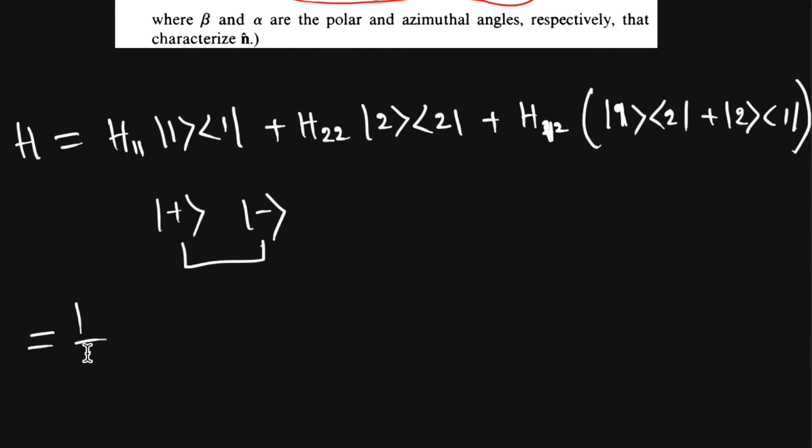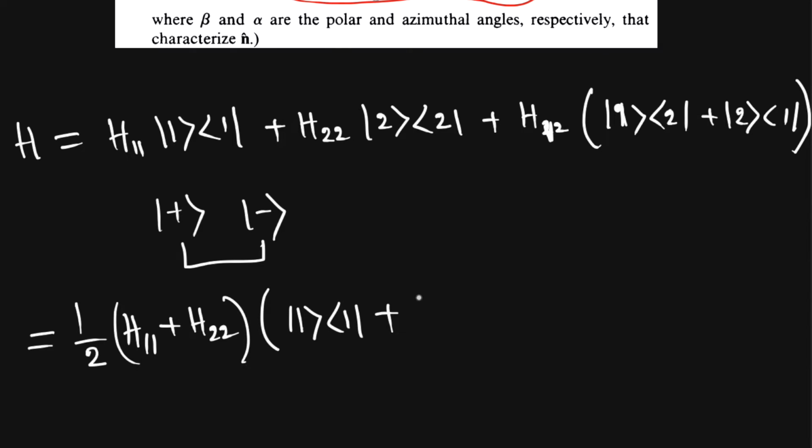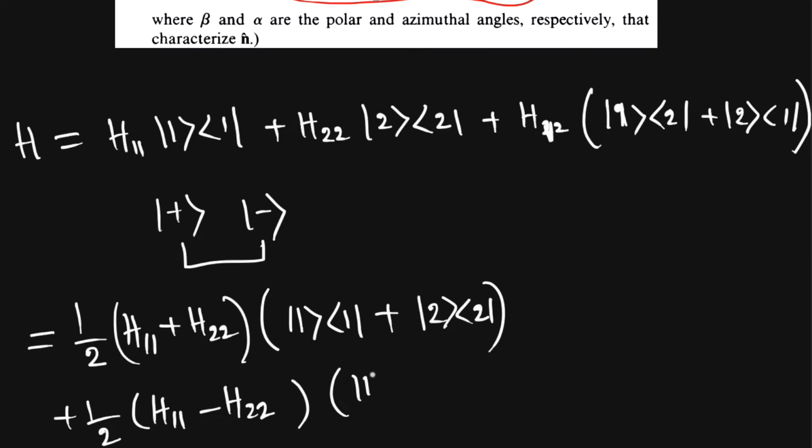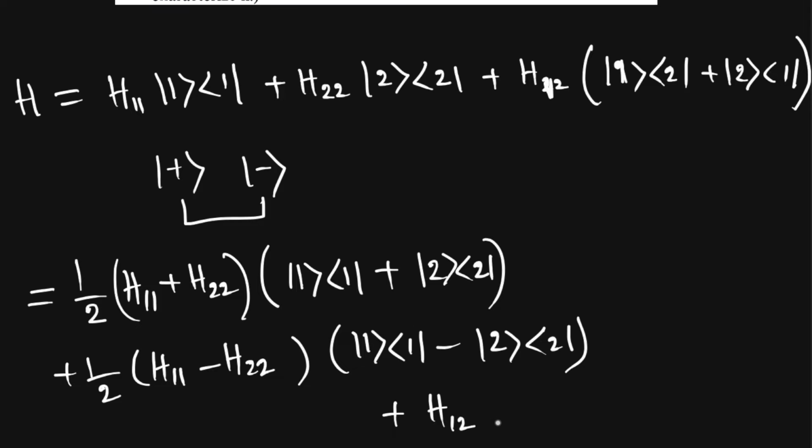Suppose H equals half (H11 + H22) times (|1><1| + |2><2|) plus half (H11 − H22) (|1><1| − |2><2|) and this is H12 (|1><2| + |2><1|).